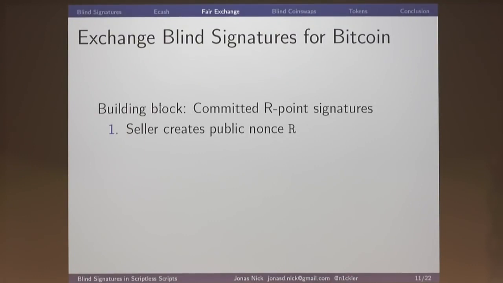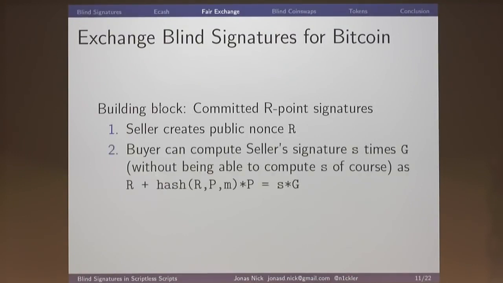So how they work is the seller creates a public nonce R, and then the buyer can compute the seller's signature S times G. The buyer cannot compute the seller's signature S itself, because otherwise the signature scheme would be broken. But it can compute S times G, and this is just computed as R plus the challenge times the public key. Okay.